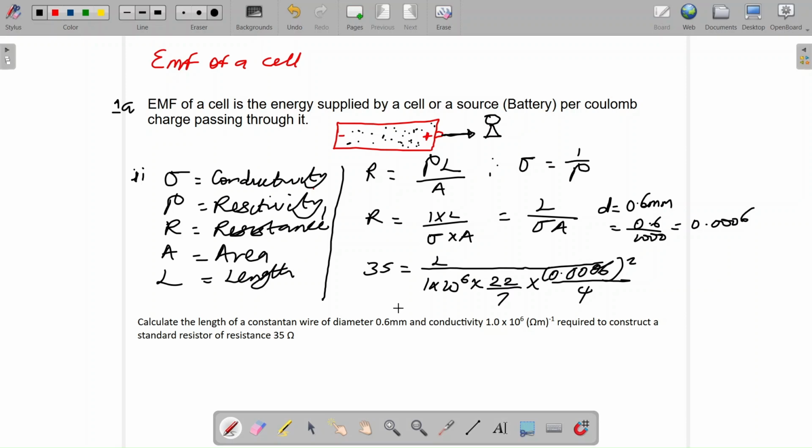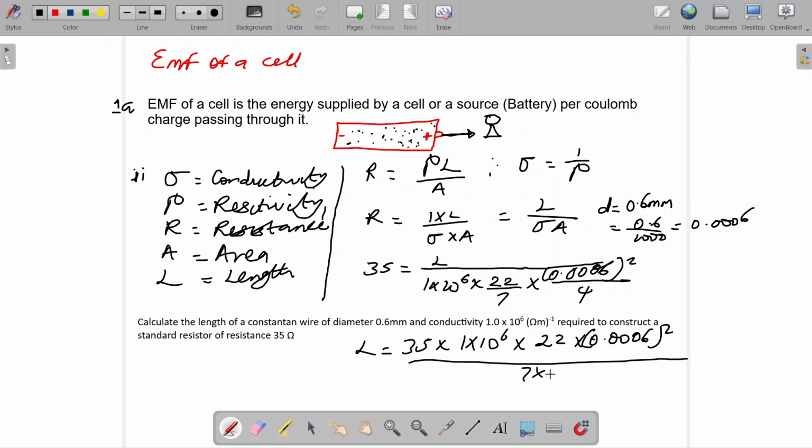That is d squared. So your final answer here, if you punch your calculator, L equals 35 times 1 times 10 raised to power 6 times 22 times 0.0006 raised to power 2, everything divided by 7 times 4. I think we got it to be 990 if I'm not mistaken.